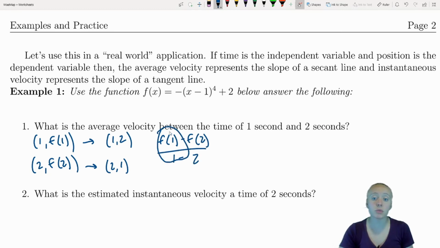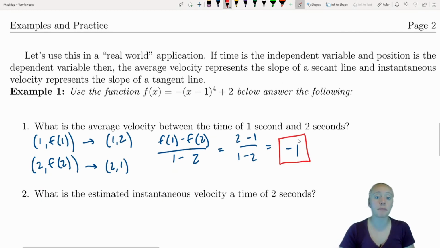This is going to be 2 minus 1 over 1 minus 2, which gives us 1 over negative 1, which is negative 1. Negative 1 is that average velocity between my time of 1 second and 2 seconds. So that speed would be 1 unit per second, but the average velocity is negative 1 unit per second.